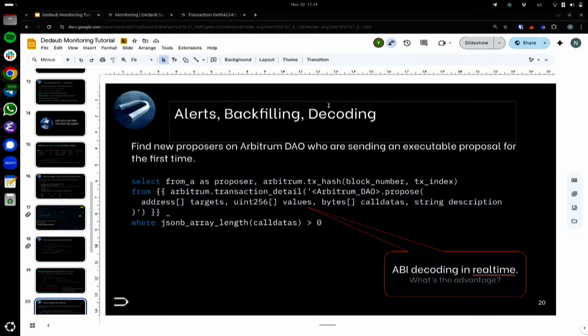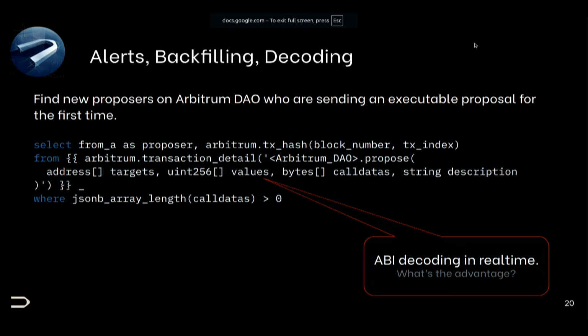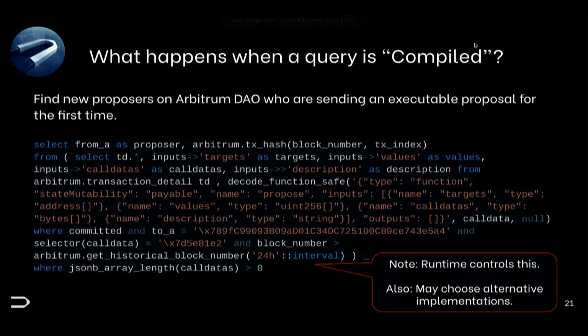Okay, so what else can I do? So one thing that I don't need to deal with is compiling different versions of the query depending on the mode that I want to do. So for instance, this is the compiled version of the query that I just wrote.